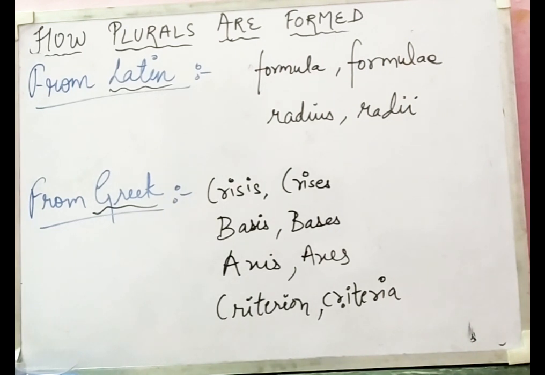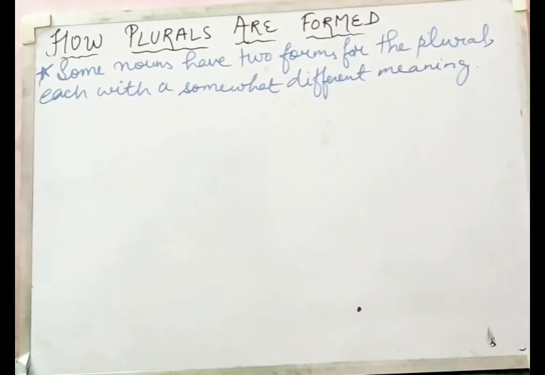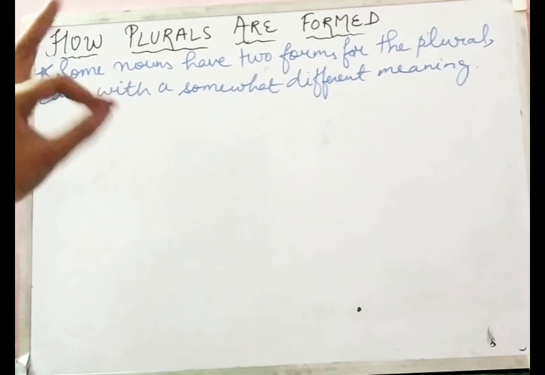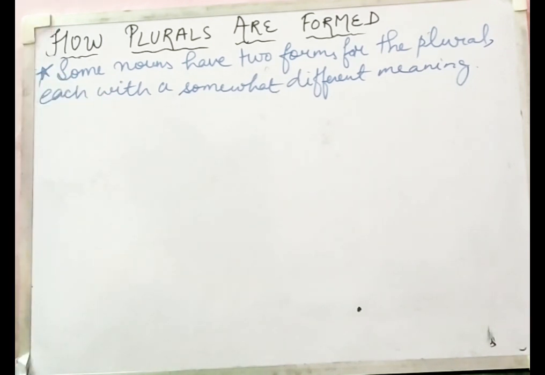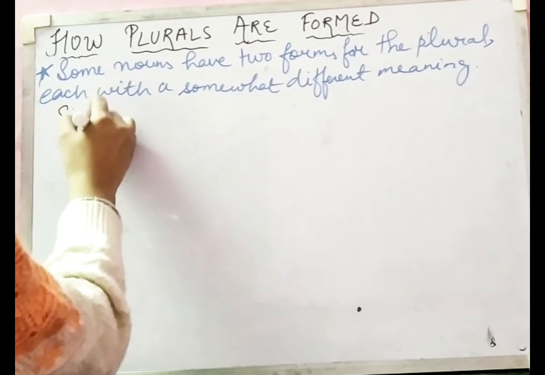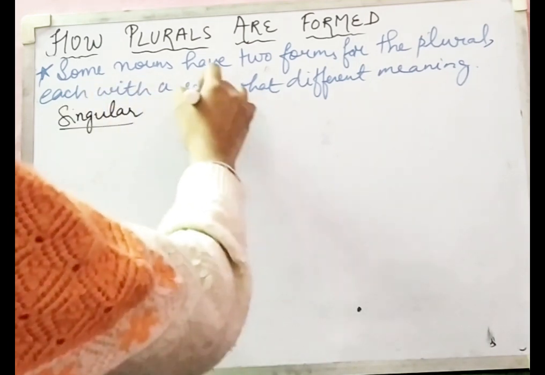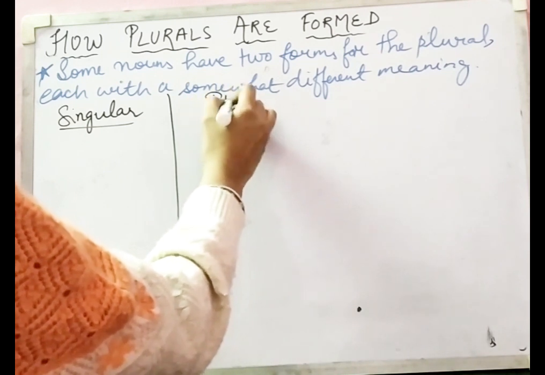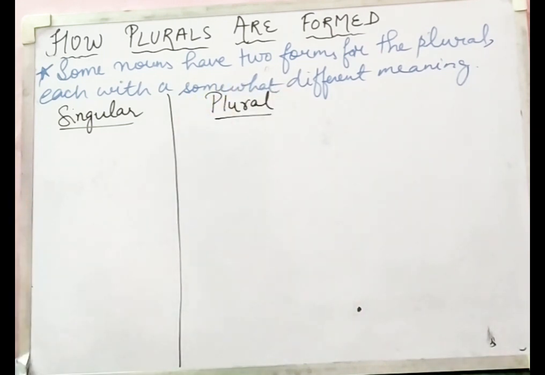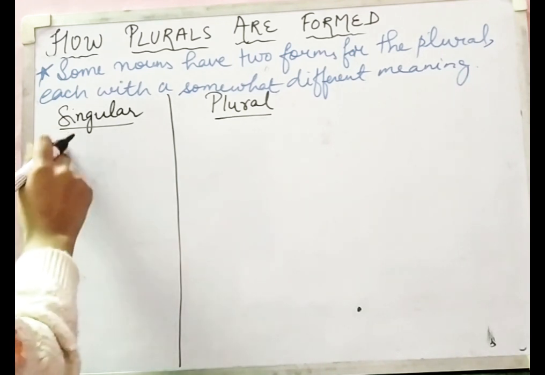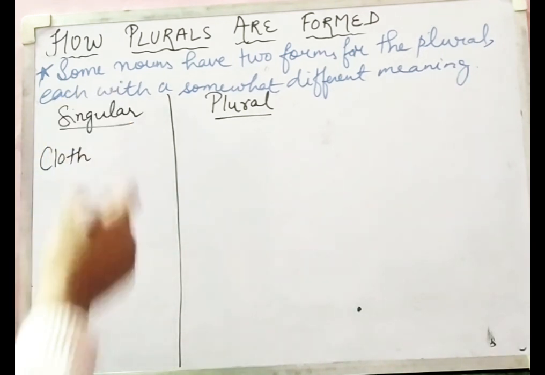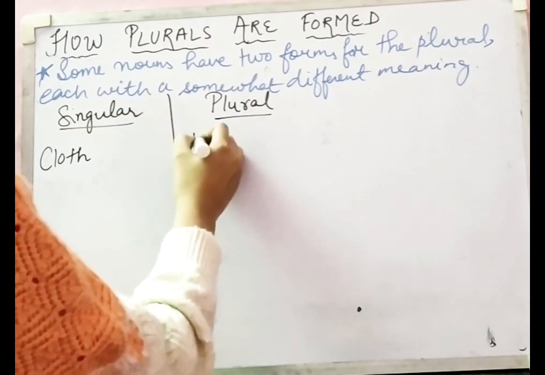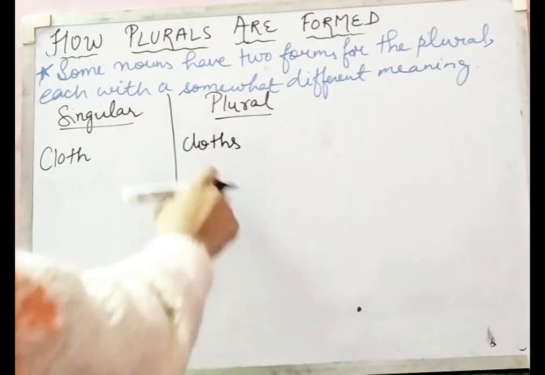Now moving forward to the next concept. In this concept they are saying that some nouns have two forms for the plural, each with a somewhat different meaning. If we take one singular, this is singular, and this is plural. In singular, we take one example like cloth. In plural, cloths means kinds or pieces of cloth, as you all know we add s to make plural.